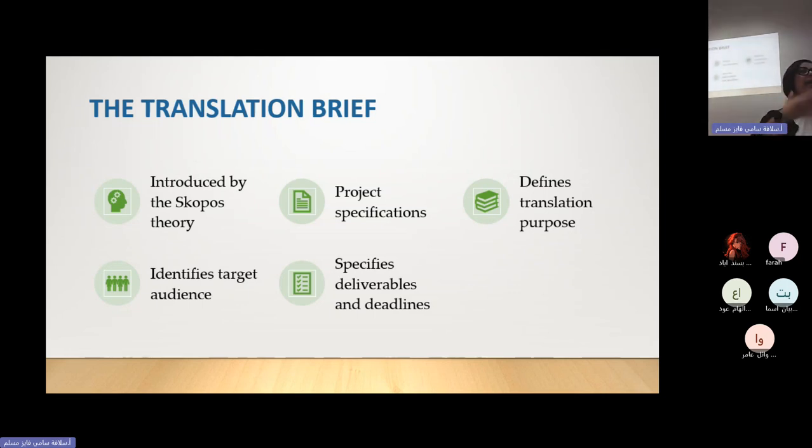Because every day, every second, every minute, technology and science develop, okay? They change. So you have to be always and constantly up to date with this world, okay? If you want to become specialized in translating these types of texts and documents.